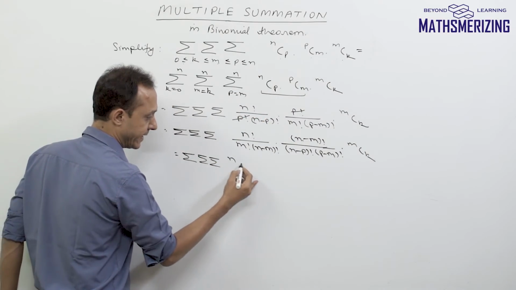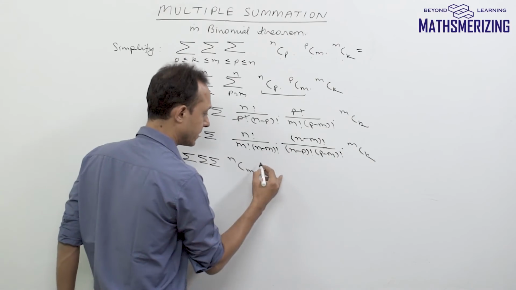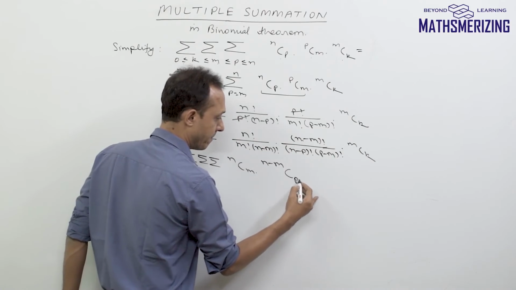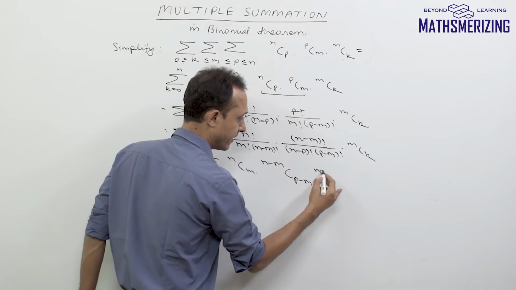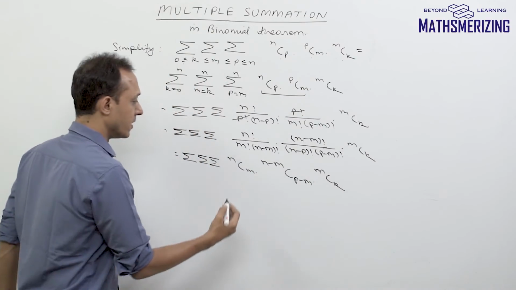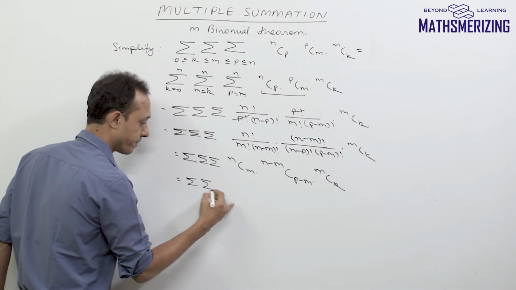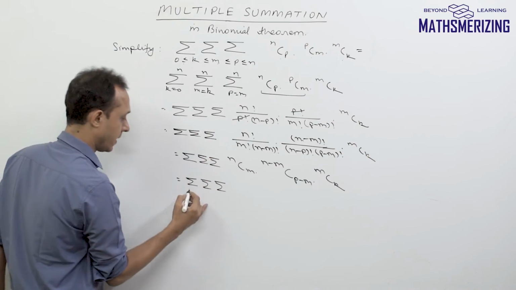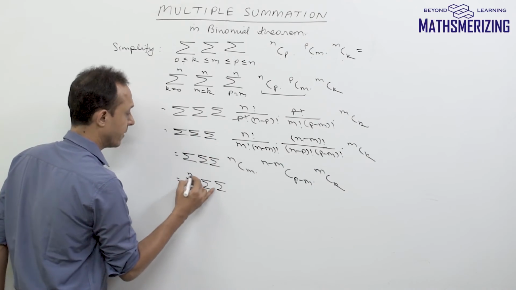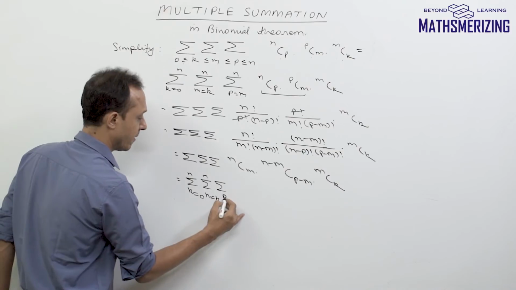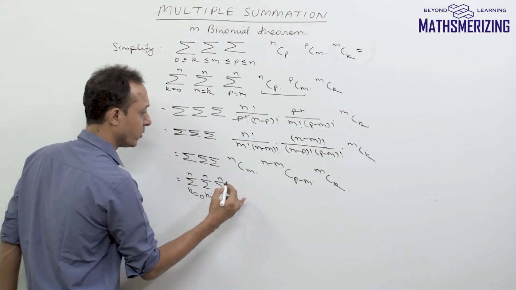Now this is nCm, this is n minus m C p minus m, and that's mCk. So now I can write it as summation k varies from 0 to n, m varies from k to n, and p varies from m to n.